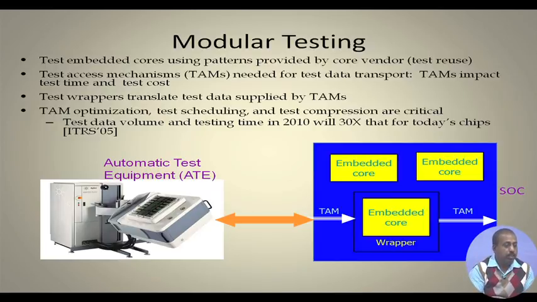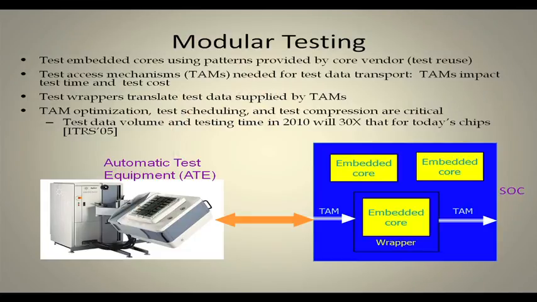So, TAMs will impact test time and test cost. If you have a wider TAM, then you can transfer more test bits in parallel. As a result, test time will be less, but a wider TAM means it will require more silicon area. That TAM also has to be routed.